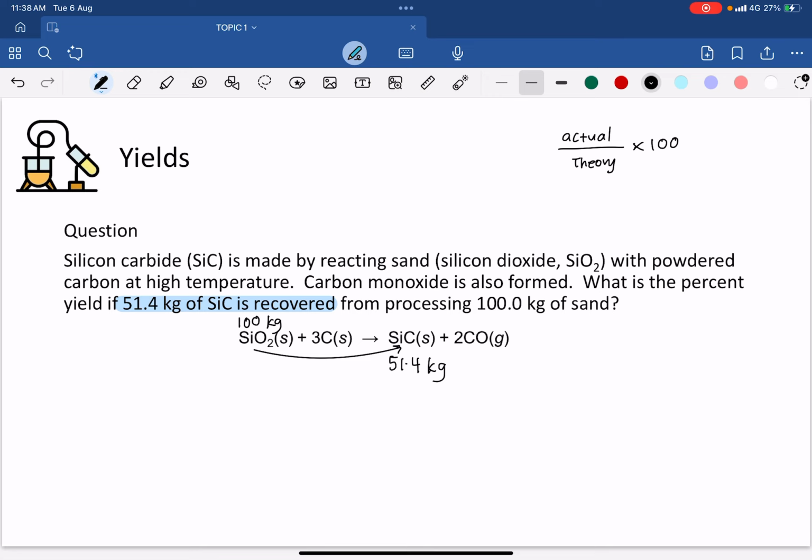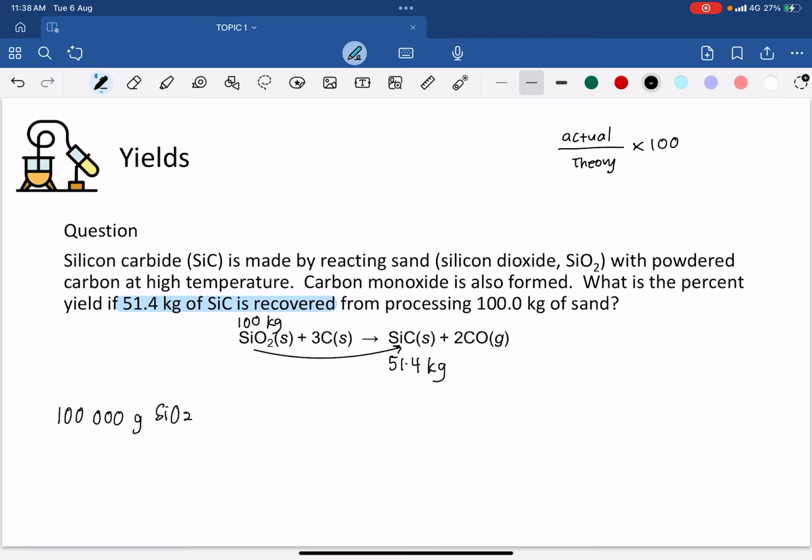So always remember when we want to calculate by mole, you have to convert all mass into grams, because molar mass is in grams. Okay, so 100 kg is equivalent to 100,000 grams of silica oxide.